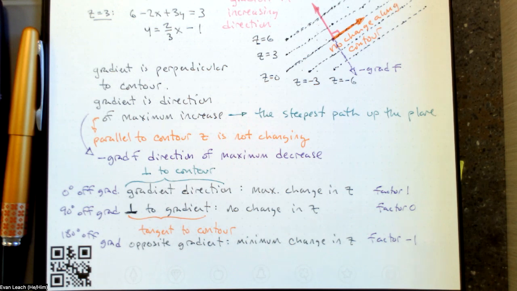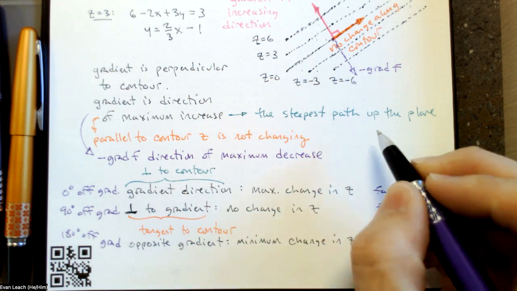And if I have 90 degrees, I want to drop down to 0 because at 90 degrees off the gradient, we're running parallel to the contour, running in the direction of the contour, and the contour is built by things not changing. So the factor that's going to show up is the cosine, and it is going to come from the dot product. So this information says cosine, and cosine says dot product.